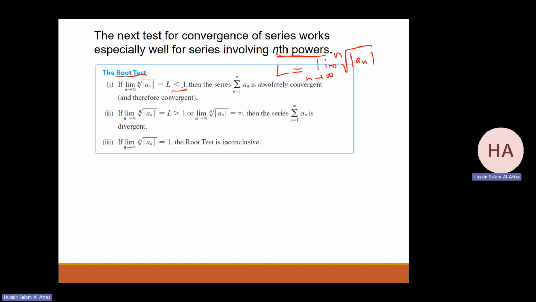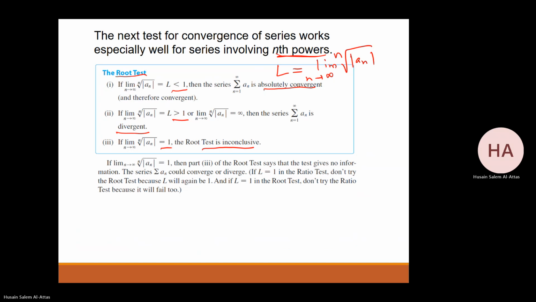If it is less than 1, the series converges absolutely. If it is greater than 1, the series diverges. If it is equal to 1, the test fails, the test is inconclusive. As we said before, the test gives no information if L is equal to 1.